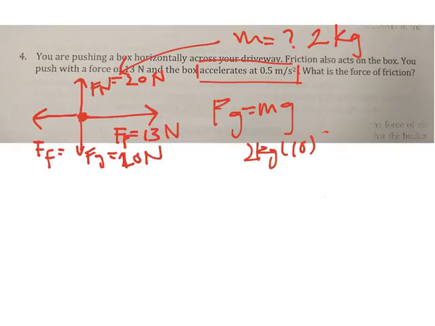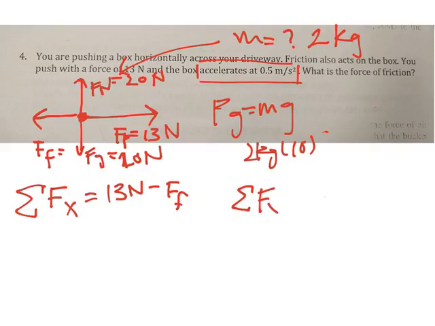And then again, it's the same idea that we know two things about the sum of the forces in the x direction. One is that it is the right minus the left, which is 13 newtons minus the force of friction. And we also know that the box accelerates in the direction we push it, which would be to the right, depending on the way you drew the problem.